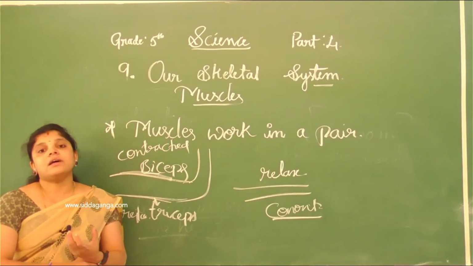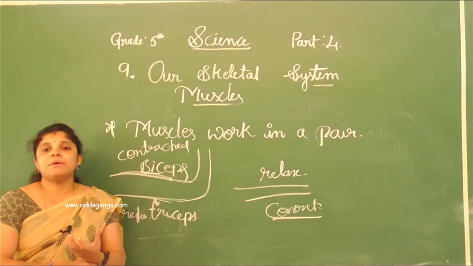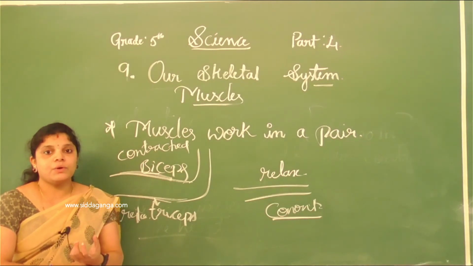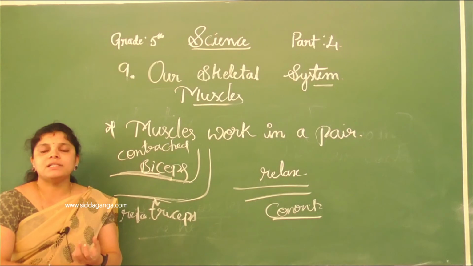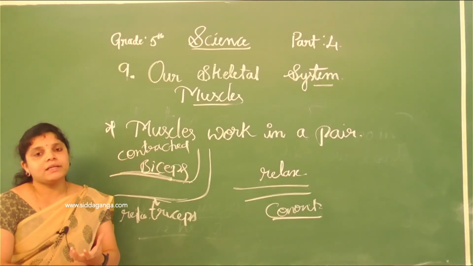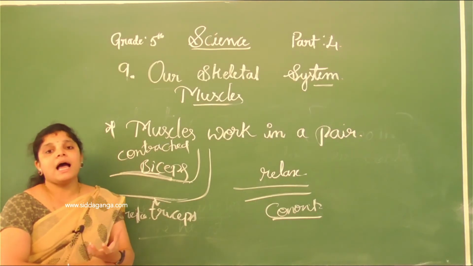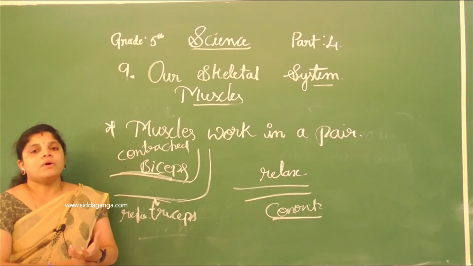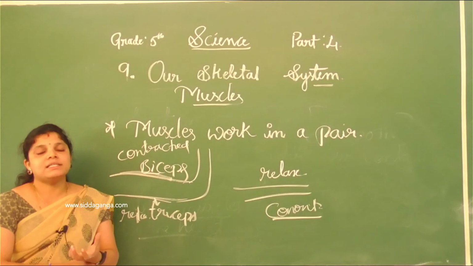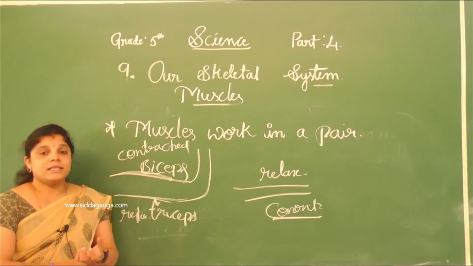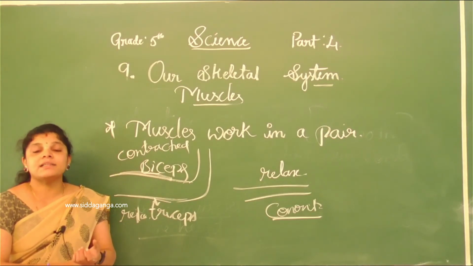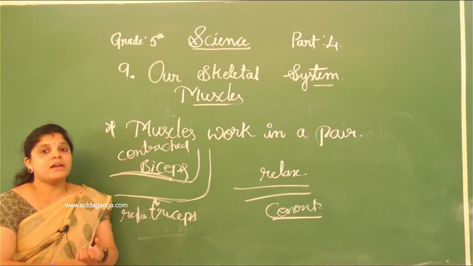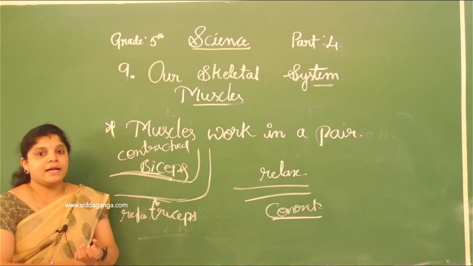Involuntary muscles are not under our control. Normally involuntary muscles are found in the alimentary canal and in the eyes. Cardiac muscles are found in the heart. Cardiac muscles act like involuntary muscles, which means they are also not under our control.